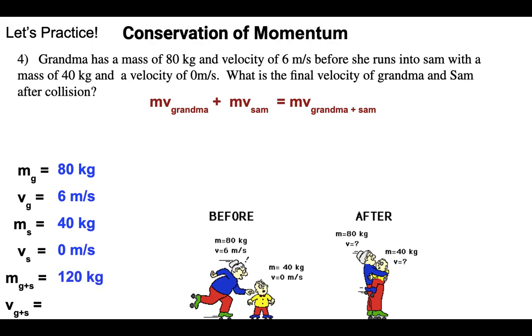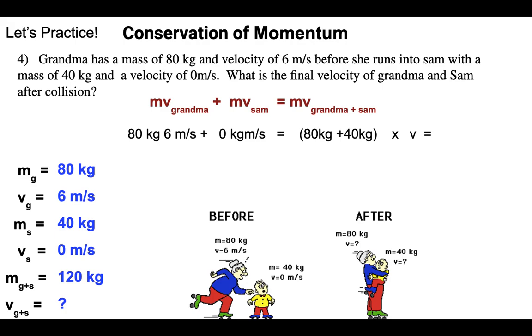When the two are combined, the mass is 120 kilograms, as we add the masses of both Grandma and Sam together. The question is, what would the velocity be? We know that the momentum before the collision is the same as the momentum after.